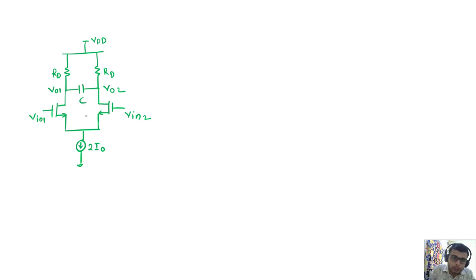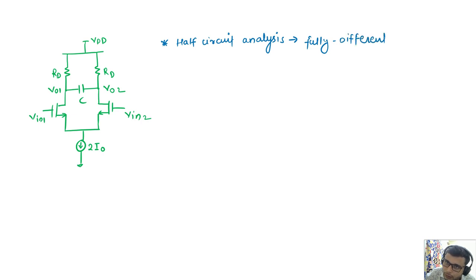For differential circuit analysis, what we usually do is half circuit analysis for fully differential circuits. This is a fully differential circuit because there are two inputs and two outputs, differential inputs and differential outputs, and the circuit is symmetric.